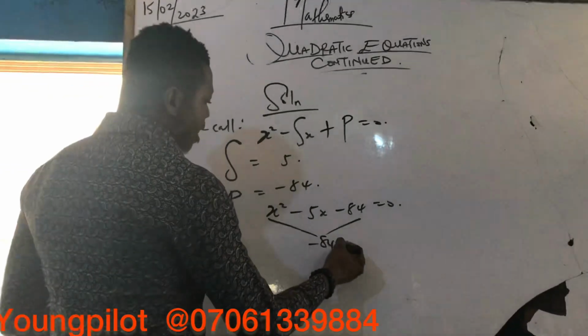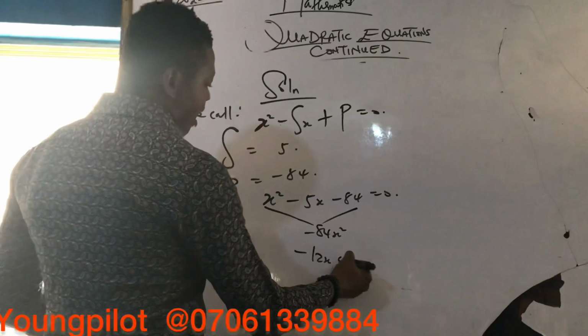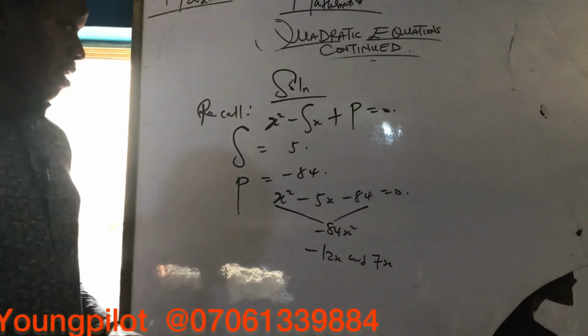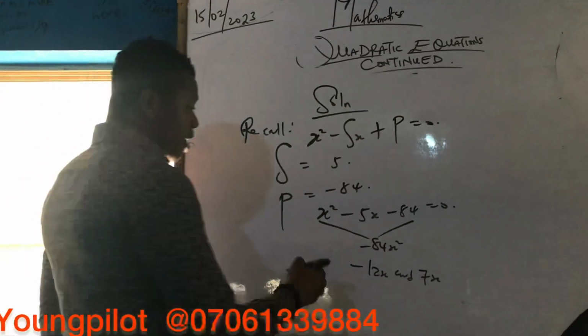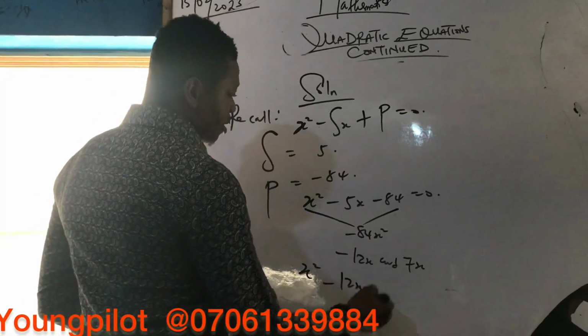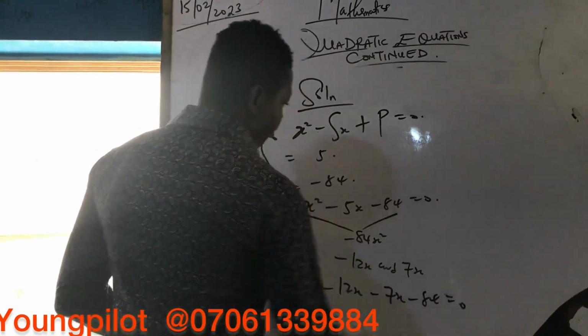Minus 84x squared. Then the factors we are bringing up are minus 12x and 7x. Minus 12 times 7 will give us minus 84. Yes. All right, so we can substitute that. So it will be x squared minus 12x plus 7x minus 84 equals 0.